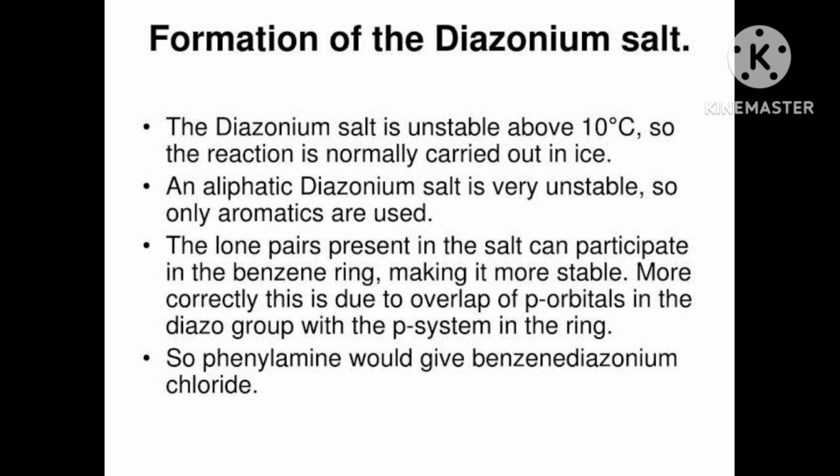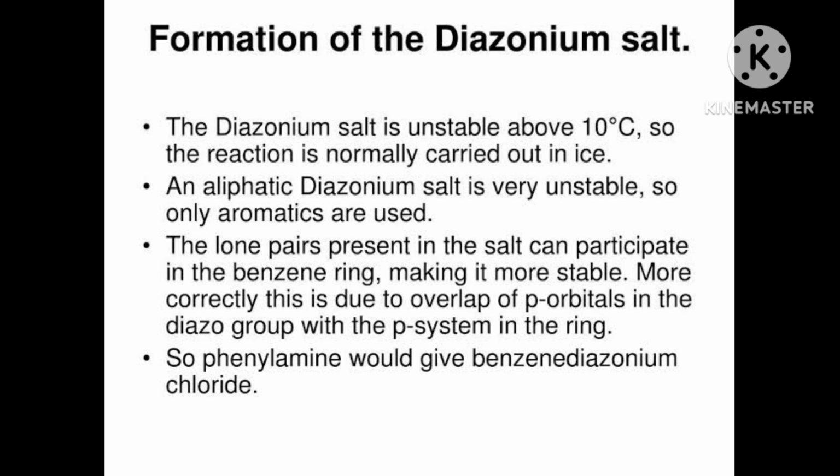Here we have to understand the mechanism. ArN2+X- is there. Then N2 will go as nitrogen gas. When the bond breaks, the electron is taken by N2, so the positive charge on N2 becomes neutral, and the aryl group becomes positive.